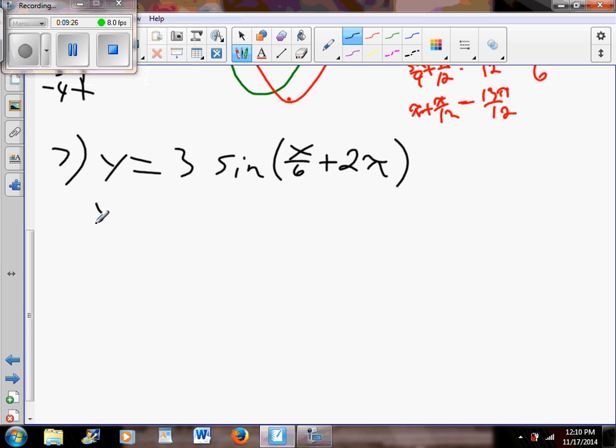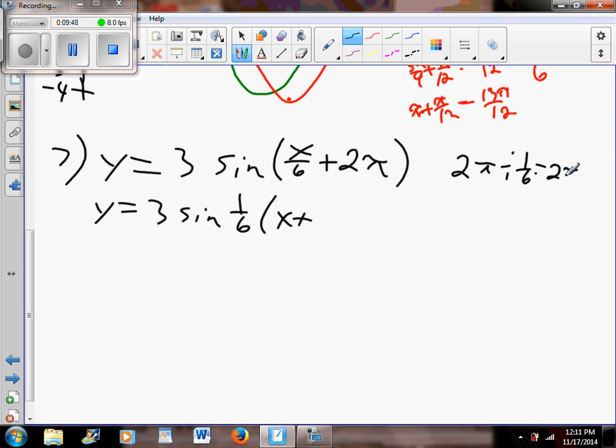So I've got y is equal to 3 sine 1/6 x plus, well, what's 2 pi divided by 1/6? What is 2 pi divided by 1 over 6? It's 2 pi times 6, isn't it?